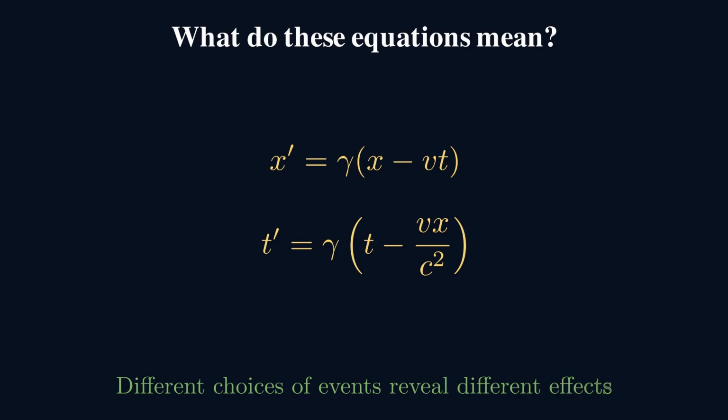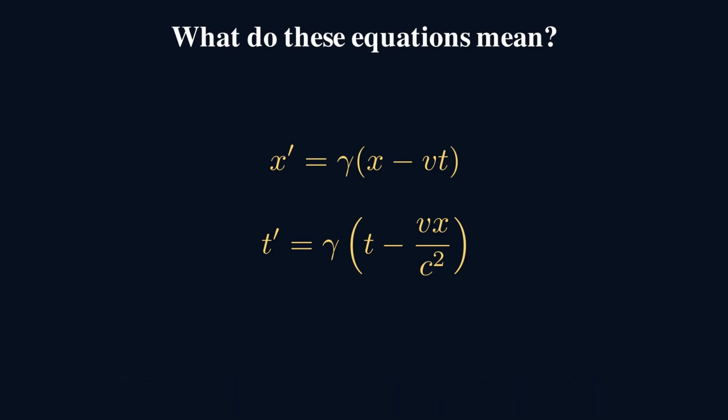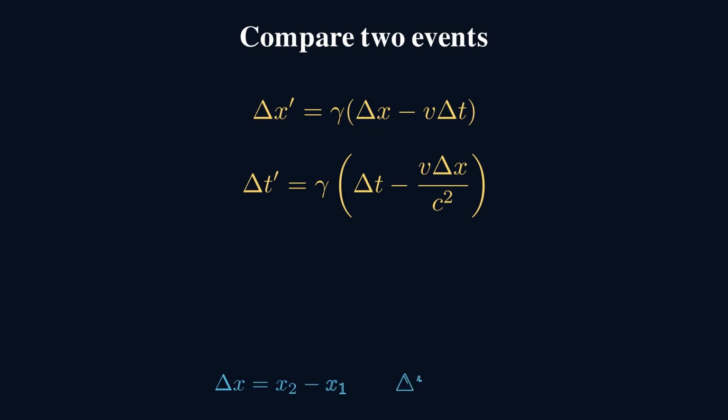So let's first start with time dilation. Let's say we have two events. In Alice's frame, these occur at a separation of delta x, and the time between them is delta t. So what is delta t prime?